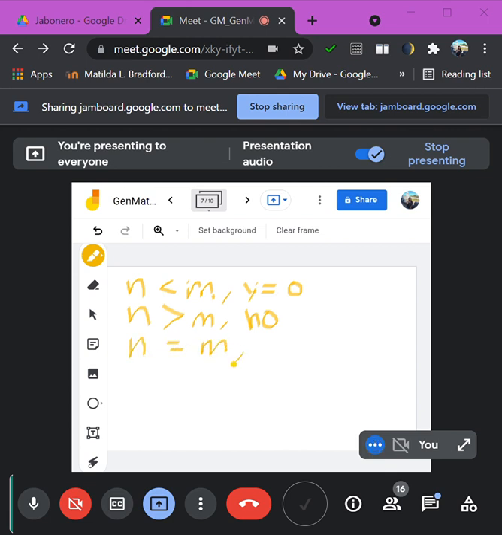So if n is equal to m, your y is equal to a over b. Okay. So mao ni siya nga tuang concepts that you need to remember always.